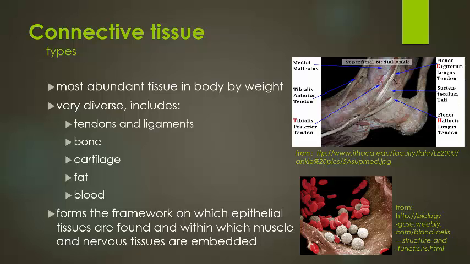We can think of connective tissues as tendons and ligaments, but bone is also a connective tissue, and so is cartilage, and so is fat, and even blood is considered a connective tissue. So part of the job of this section is to really try to see what it is that binds all of these together. How can tendons and ligaments and fat and blood all be connective tissue?